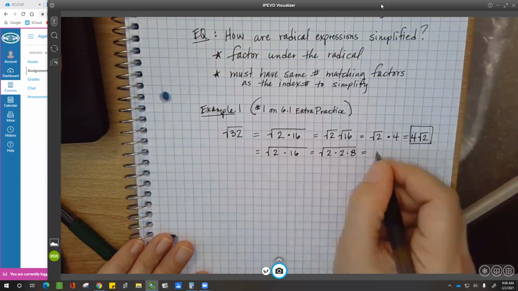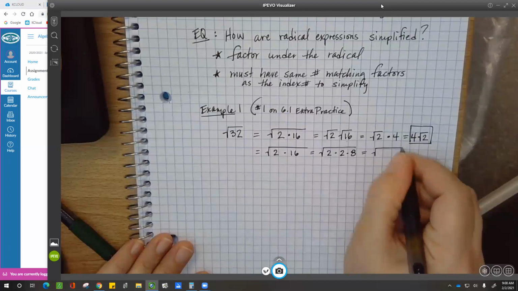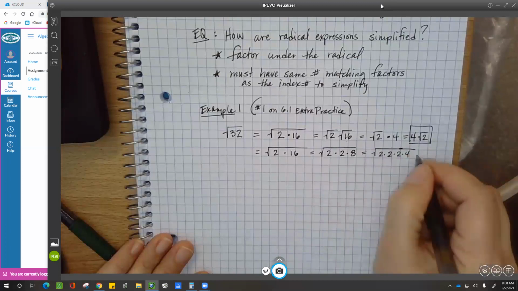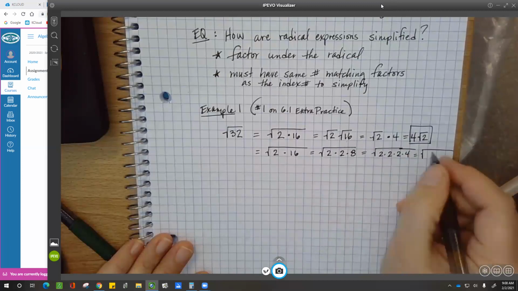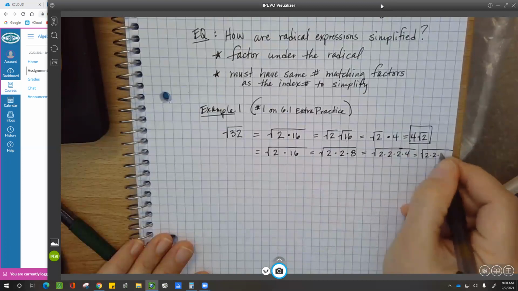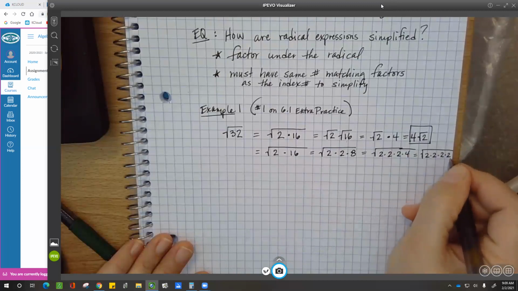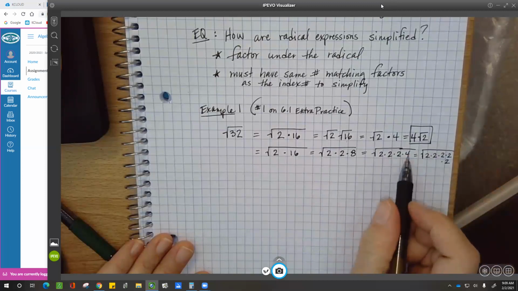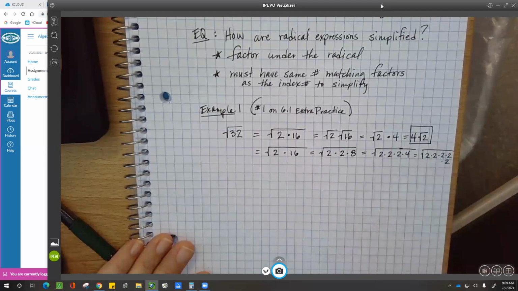I can divide by 2. This is 2 times 2 times 2 times 4. That's 2 times 2 times 2 times 2. Ran out of space. Times 2. 1, 2, 3, 4, 5.